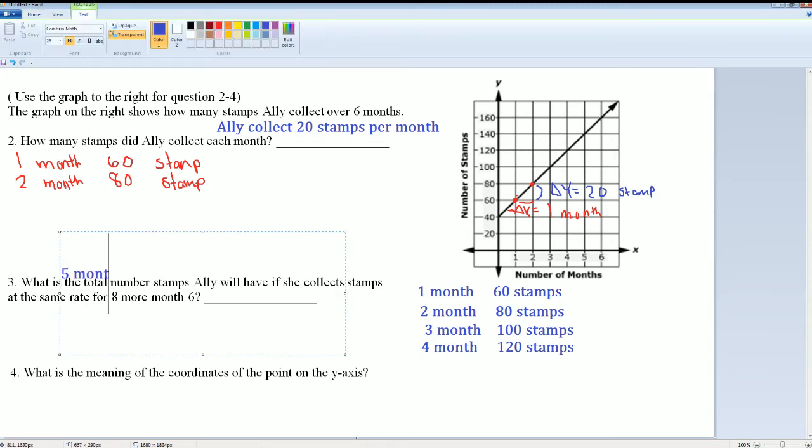Fifth month, we went up another 20, 140 stamps, because she went at a rate of 20 stamps per month.